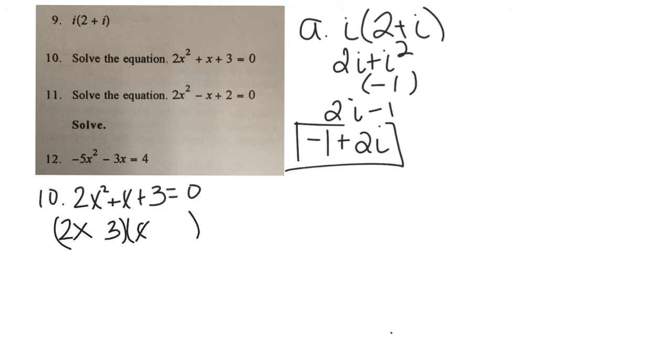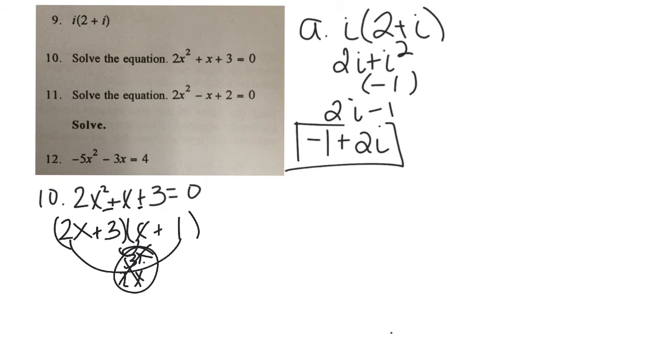If I put 3 here and 1 here, remember all of these are positives. They both have to be positive. That gives me 2x and 3x, and that's not going to work because I need it to be 1x. So one of them would have to be negative, and that's not going to work.